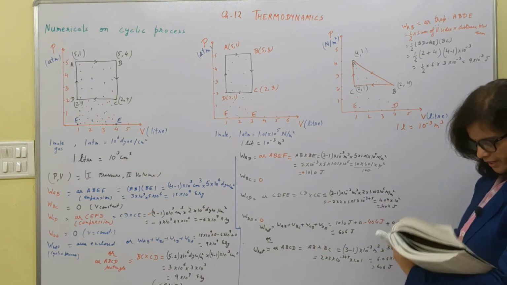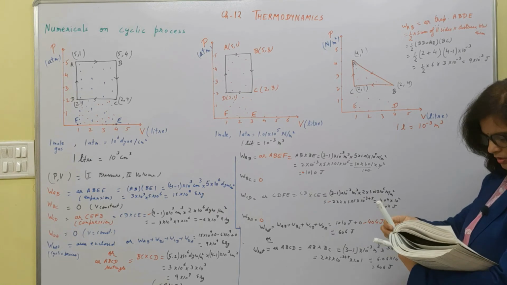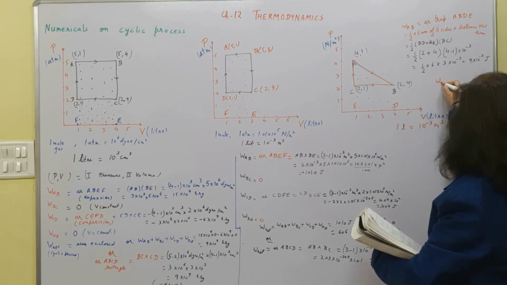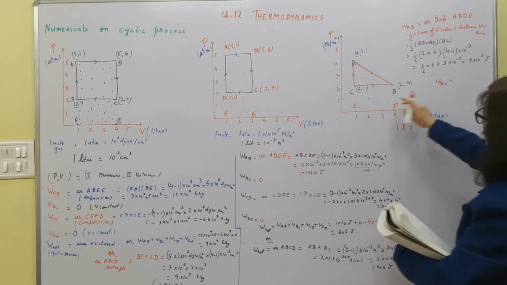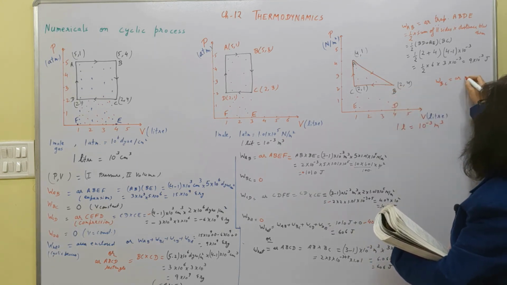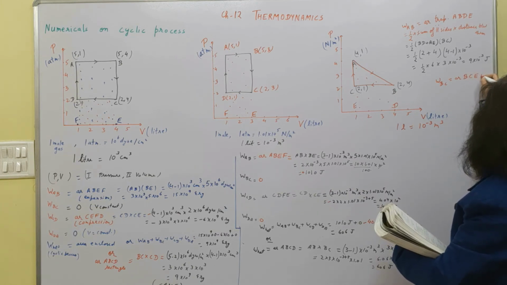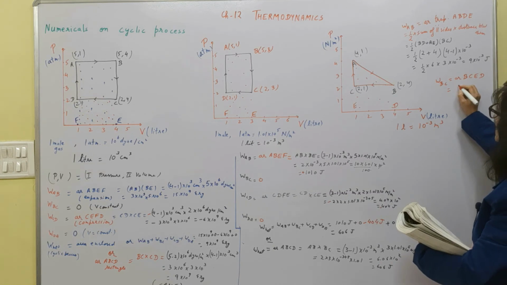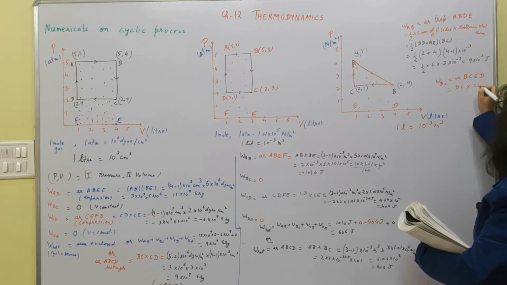And then we have to find the work done during BC. So this will be the area BCED. So again this we already know. So this is BC into CE.